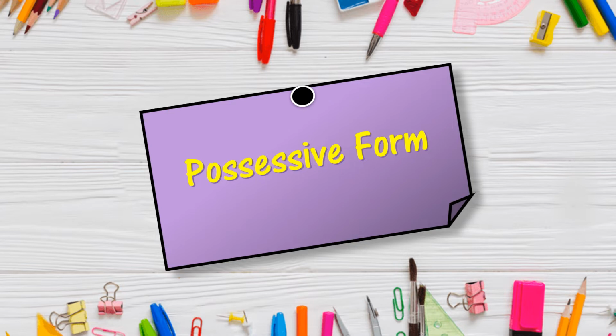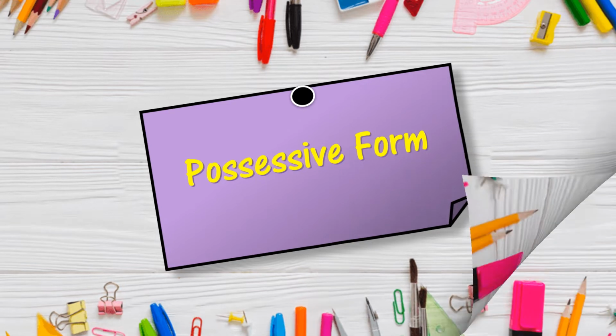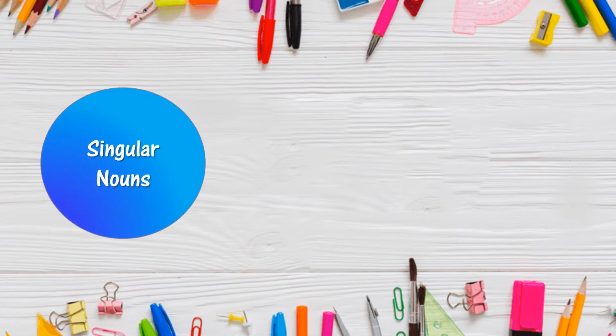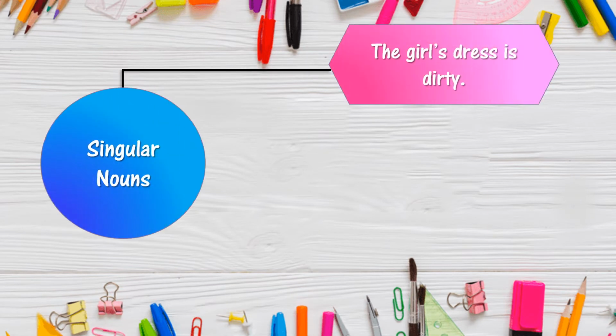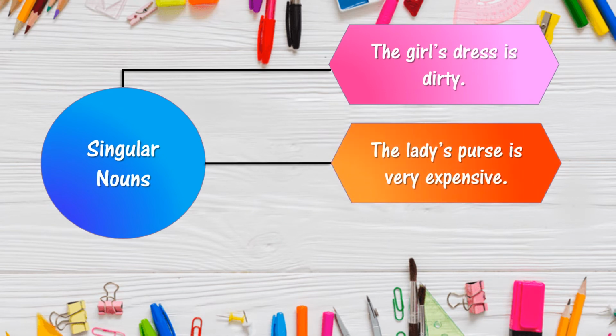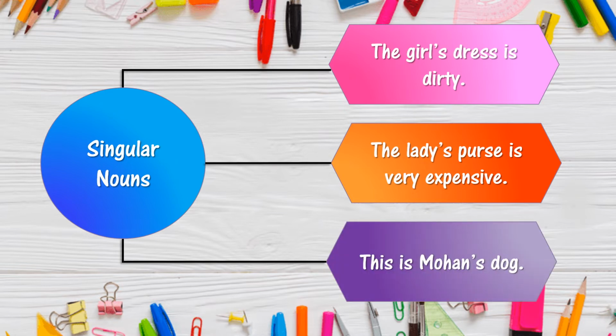Now how can we form the possessive form? So let us take singular nouns. Read these sentences, children. The girl's dress is dirty. The lady's purse is very expensive. This is Mohan's dog. In these sentences, the singular nouns are girl, lady, Mohan, and the things that belong to them are dress, purse, and dog.